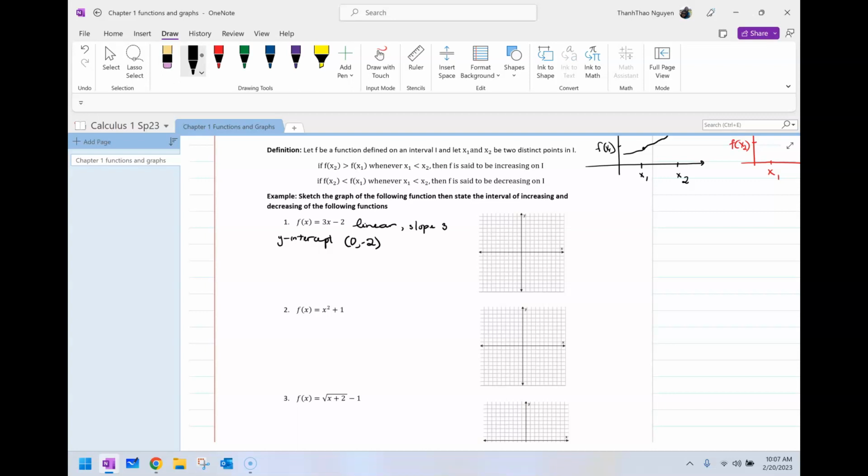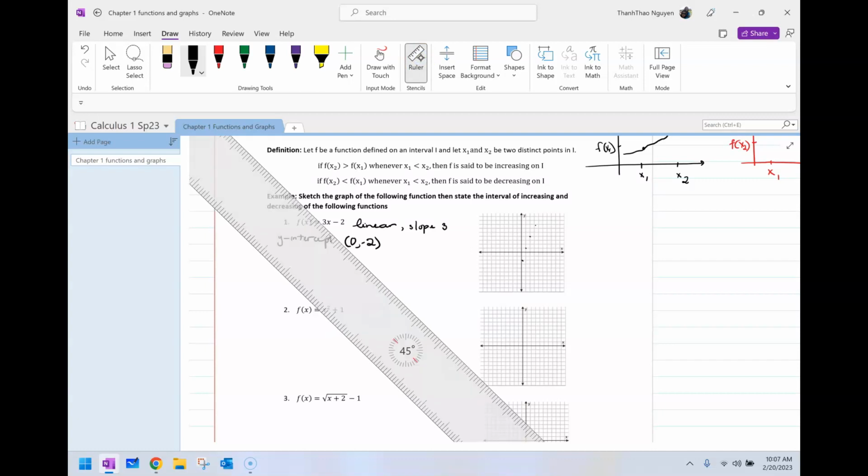Okay, so the y-intercept is 0, negative 2. The slope is 3, so it goes up 3 units over 1. Go up 3 units over 1.